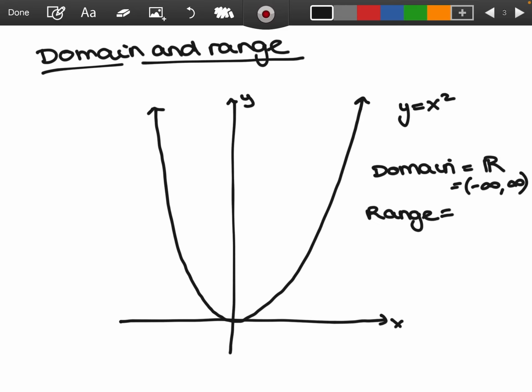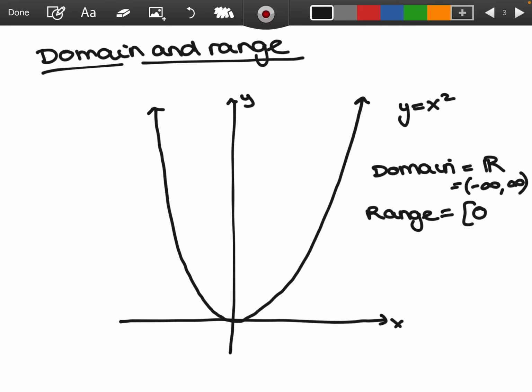That's the lowest value that I get as a y value whenever I square any number. Any other number, positive or negative, is going to give me a value greater than 0. So the lowest value that I can actually obtain from squaring a number is 0. I can go all the way up to infinity.